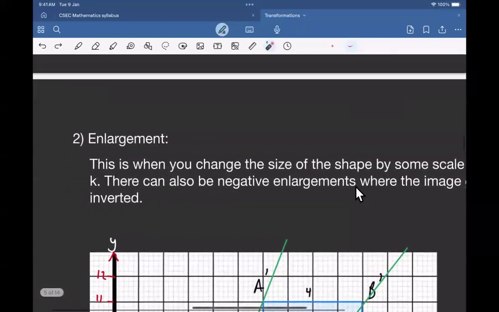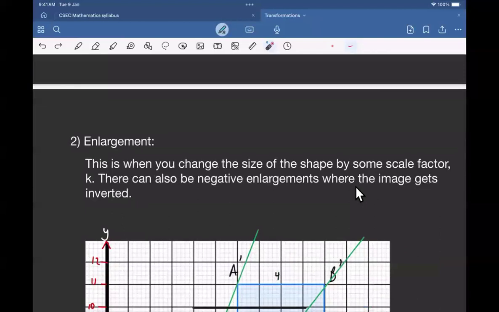So, Nicholas, since you're so studious, I'll have you read this. Enlargement: this is when you change the size of the shape by some scale factor. There can also be a negative enlargement where the image gets inverted.